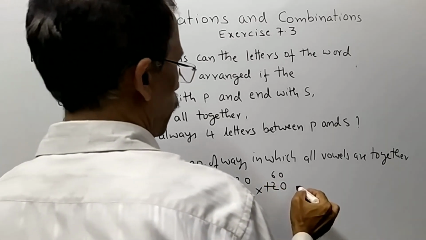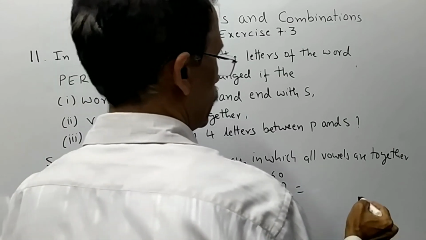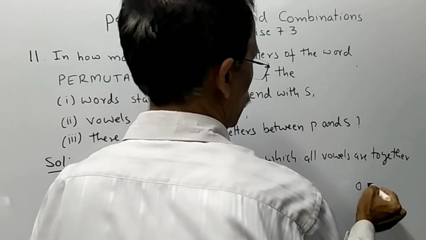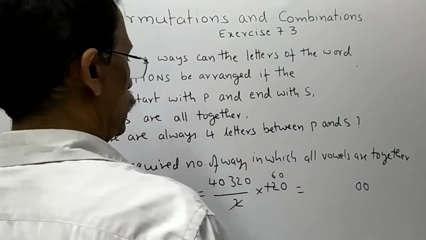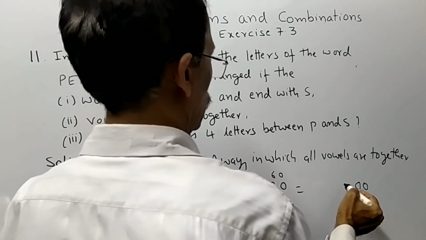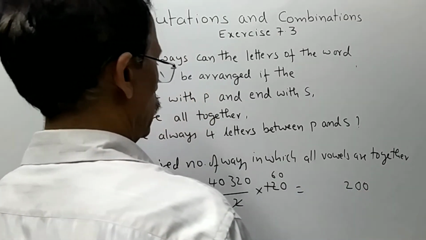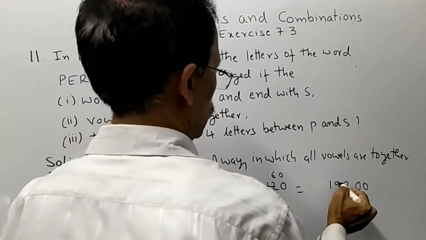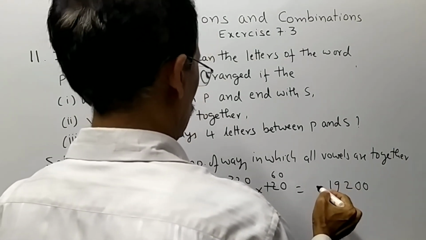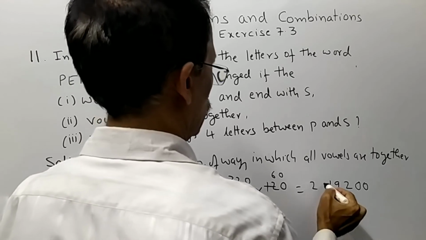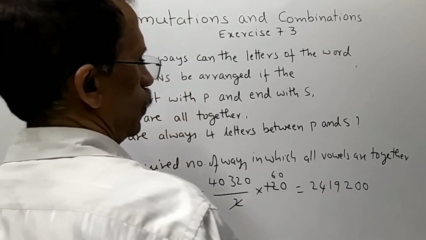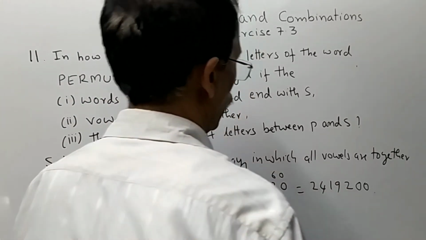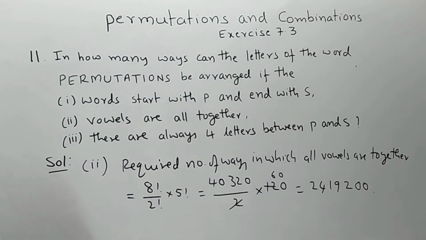So try to find a product. What is the product? 24,19,200.